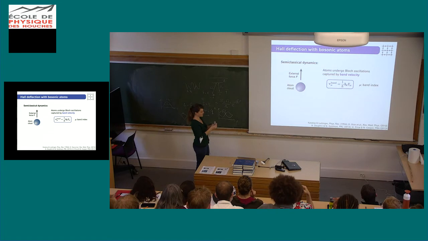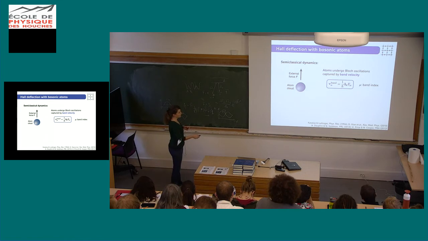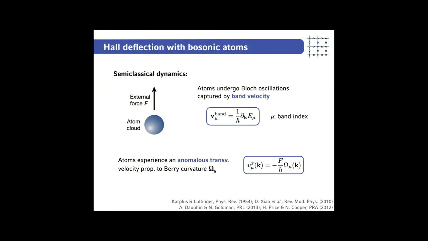So the velocity of the wave packet in the direction of the force, the band velocity, is given by the derivative of the dispersion relation of the band. And mu is here the band index. But now, due to the non-trivial geometric properties of the band, there's a second contribution to this velocity, which is transverse to the direction of the force.